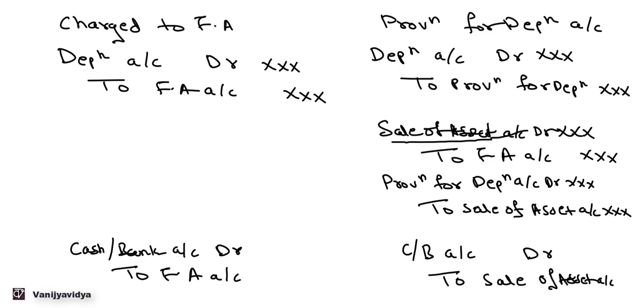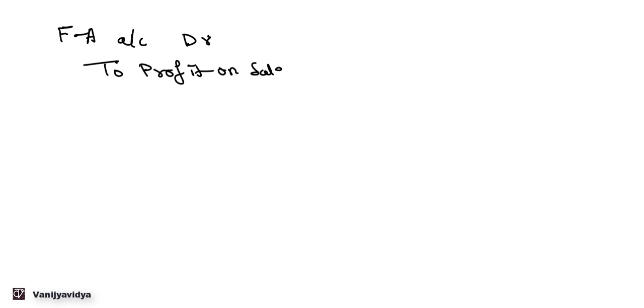Now you have a profit or loss on the sale of asset. In case of profit, fixed asset account debit to profit on sale of asset.